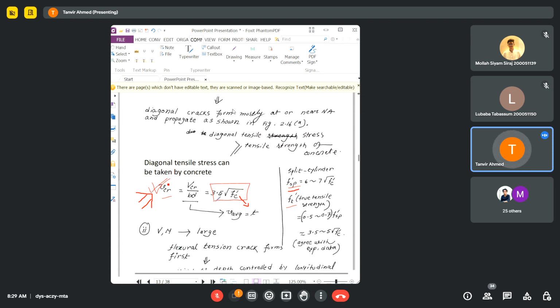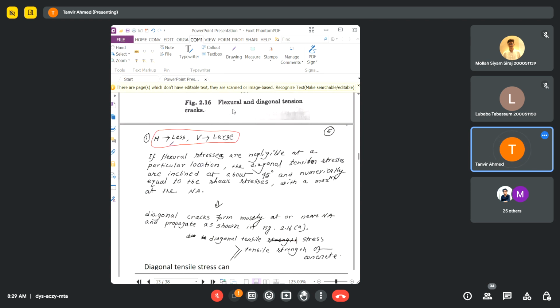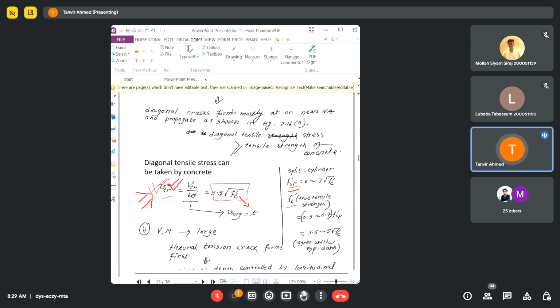And similarly, you can represent the shear strength of concrete with this equation. If you know the value of fc prime, or the cylindrical compressive strength of your concrete, then you can get the value of your shear strength using this equation. So this equation is only applicable when you have a small M, when the V is only significant.